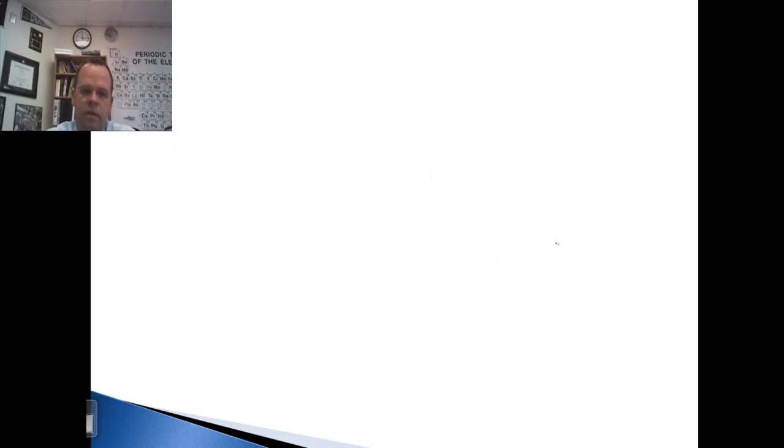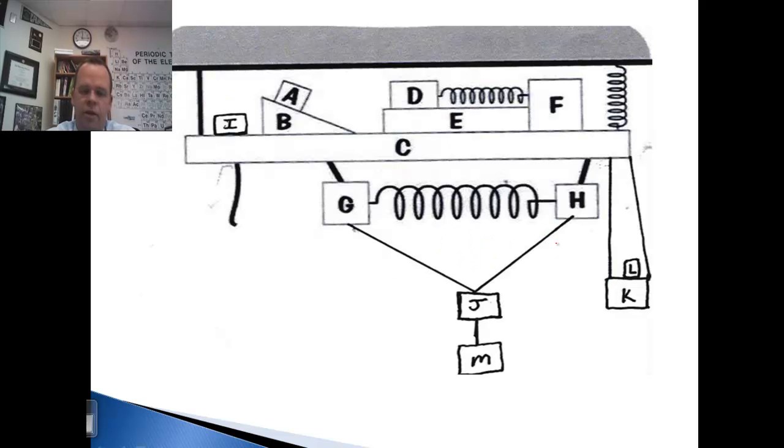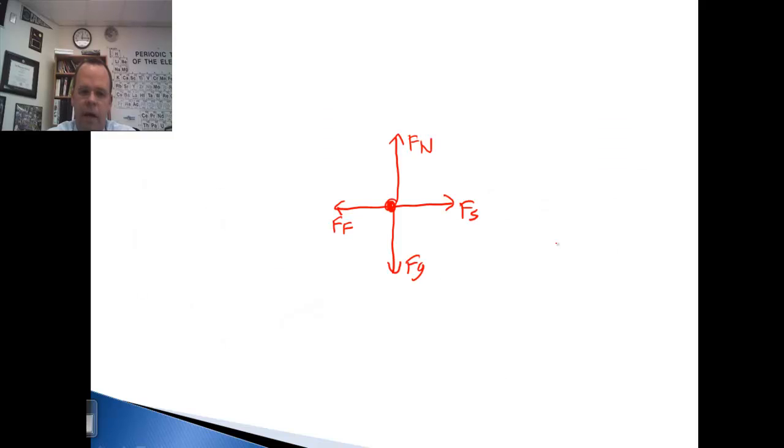Okay, let's look at G. Let's go back to our diagram. G has two ropes and a spring. So we'll think of it as a rope, G, our spring, and another rope pulling down. Make sure I have that right. Yes.